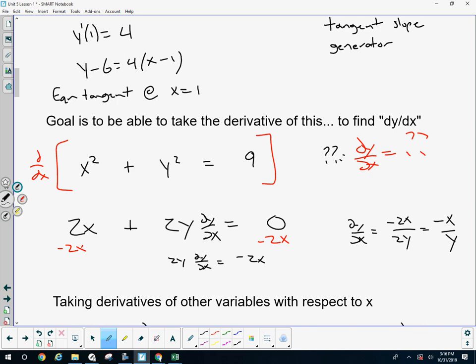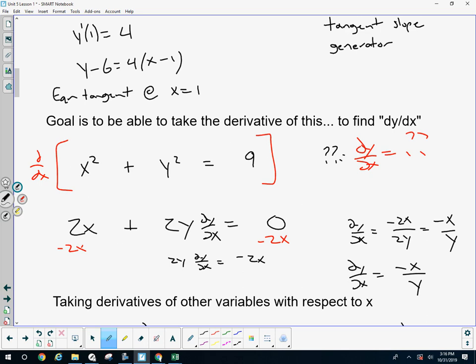That's it. Okay? Now, what's different about this dy dx compared to all the other dy dx's we have seen until now? I could write it as y prime equals negative x over y.